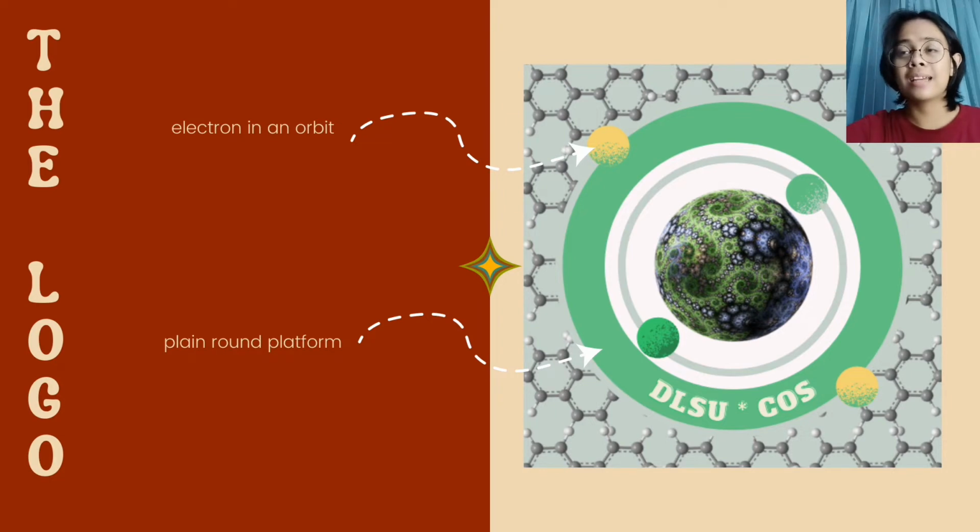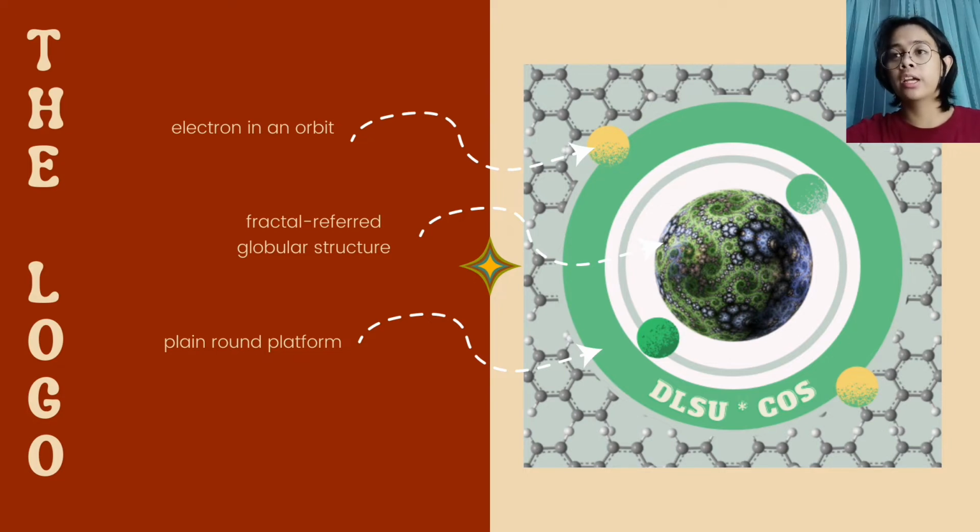And as a centerpiece, you can see this globular structure. It's actually a model of the Earth, which is only designed using fractals. At the bottom part, you can read there a DLSU asterisk COS, which basically retains the identity of the department represented by the logo.